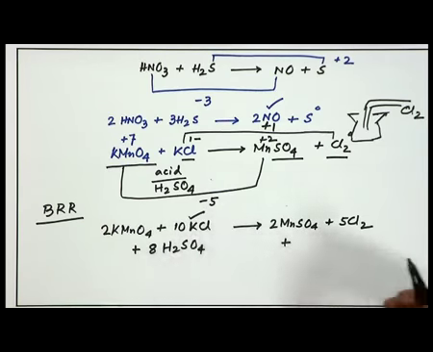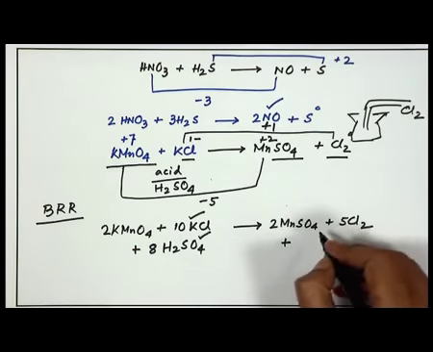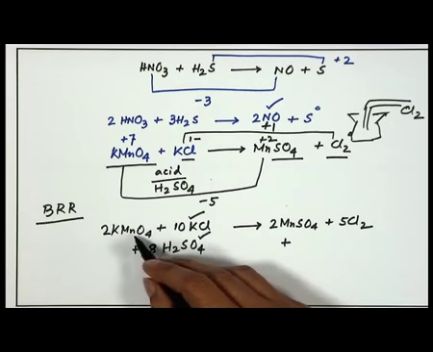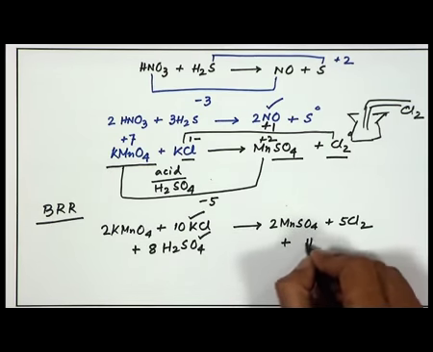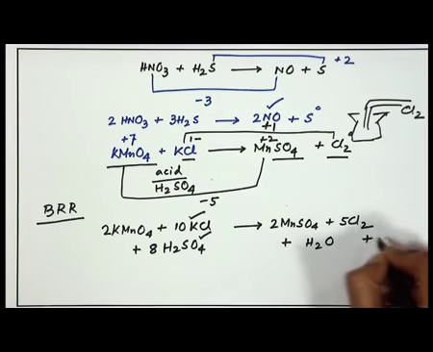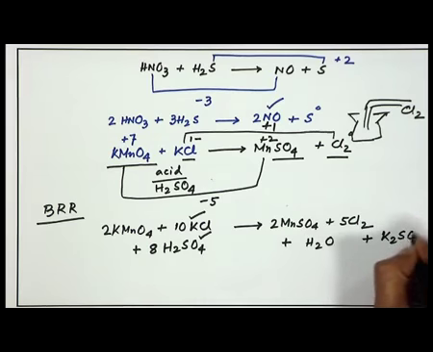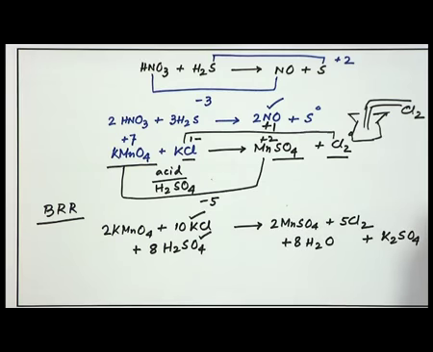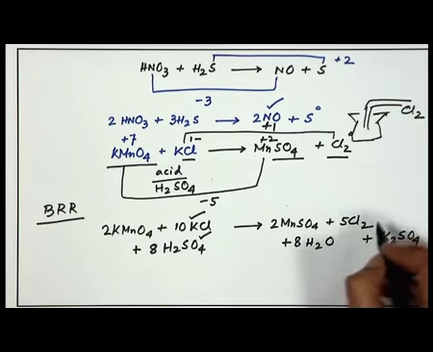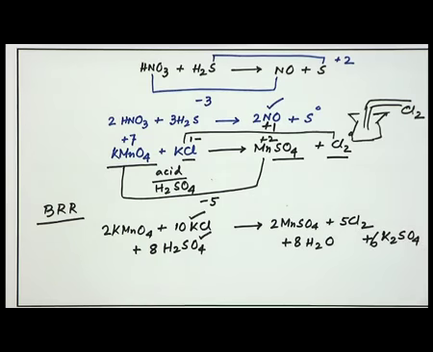Because this cation and this anion are in excess, and the hydrogen ions and the oxygen coming from the permanganate are also in excess, water forms. So, the byproducts of the reaction are K2SO4, potassium sulfate, and water molecules, and balancing gives 8 water molecules forming along with 6 K2SO4.